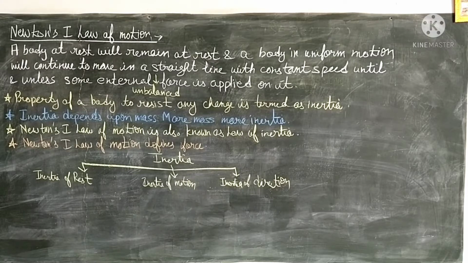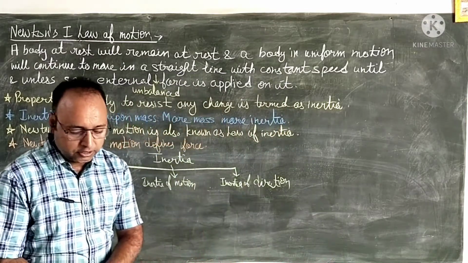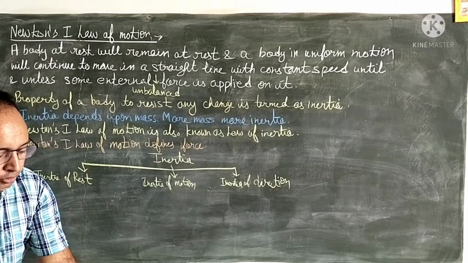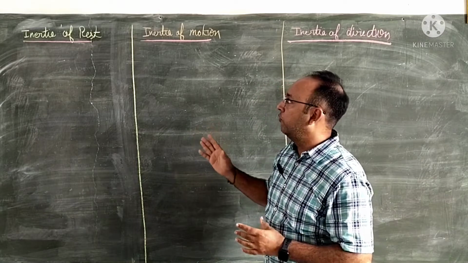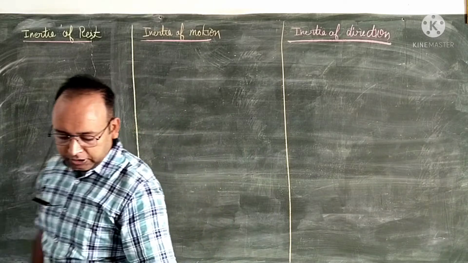Inertia of rest says that a body tries to remain at rest. If it is at rest, it will not change. So let's discuss inertia of rest, motion and direction one by one. What is inertia of rest?